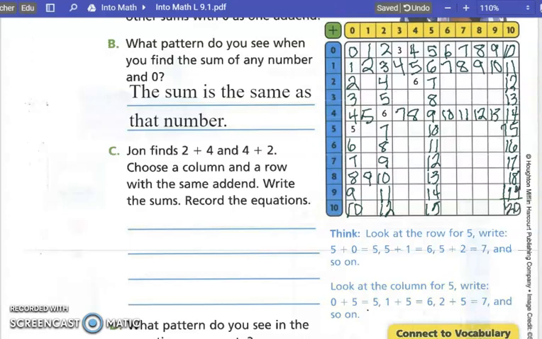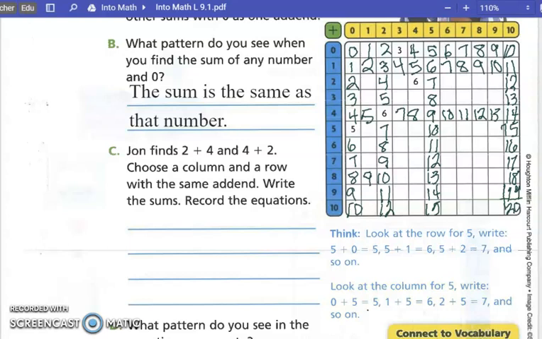Okay, Jason, what did you do across? Okay, he did the ones. What did you do down? 10s. You all did the same? Okay, Lexi. Lexi did 5 going down and 6 across. So we can fill in our 6 across.